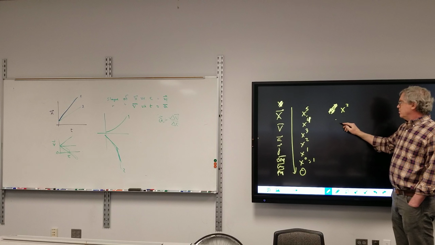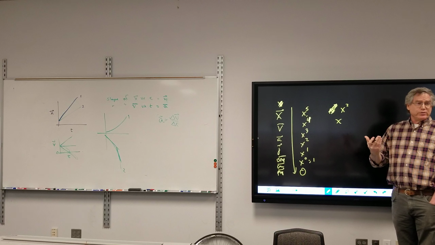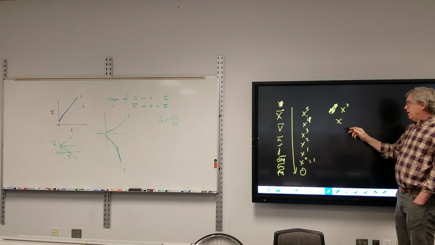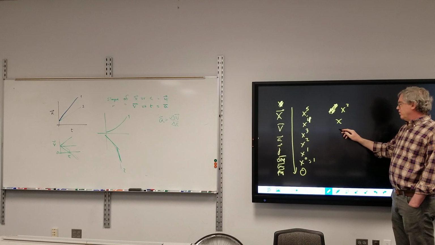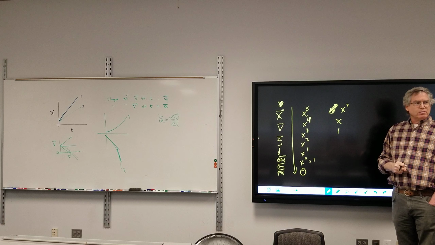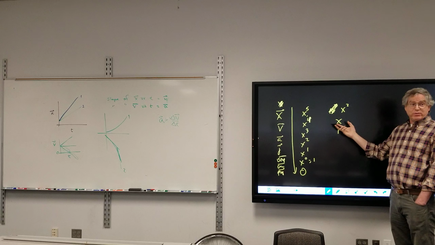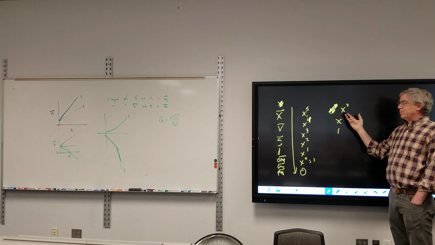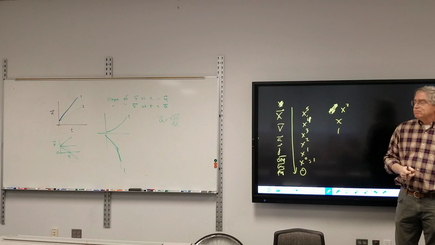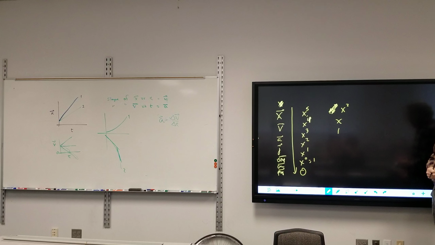So my velocity is going to be something times x to the first, which is a line. And then acceleration will be x to the 0, or just a constant. This would be x times some number, the slope. This is x squared times some number, which turns out to be half the acceleration.